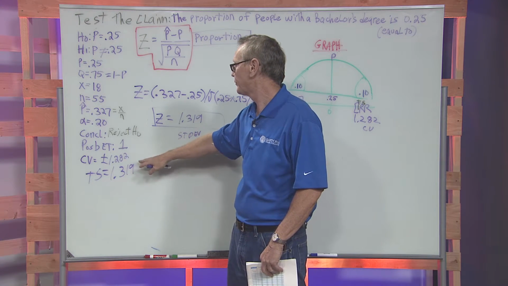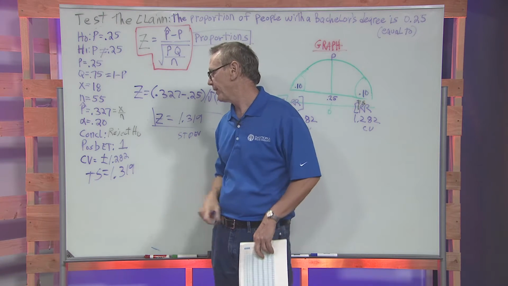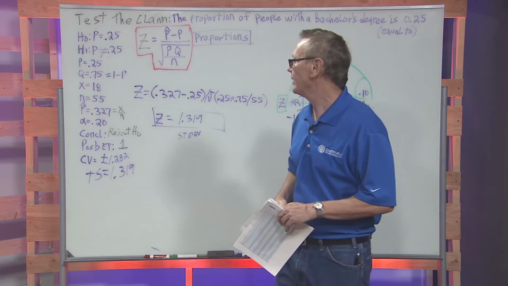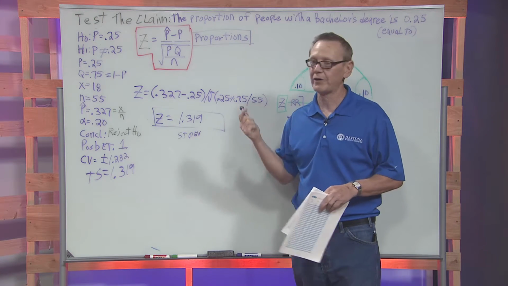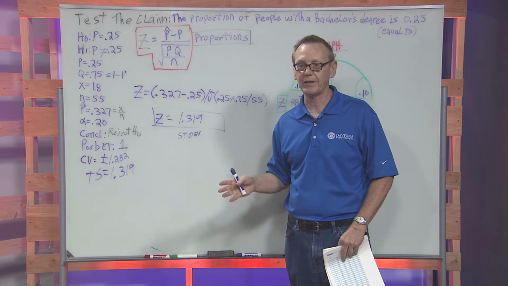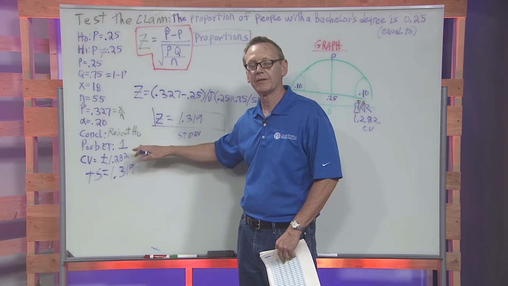Now, because it's such a close call, there's a real chance of having an error type 1 in this case. In, say, a higher order stat class, you would calculate the alpha and beta analysis, and you would actually put a probability on your error type.